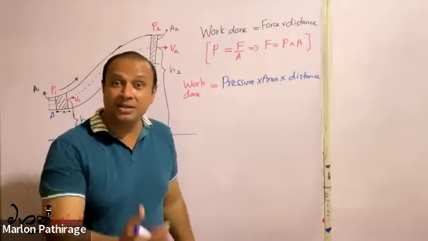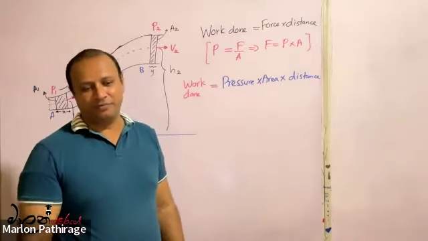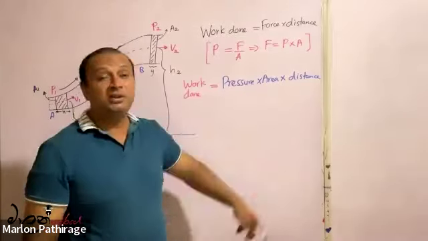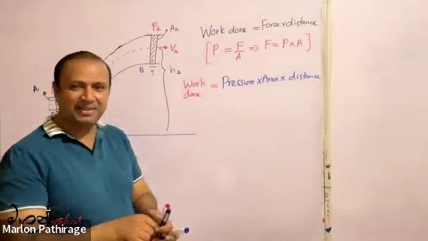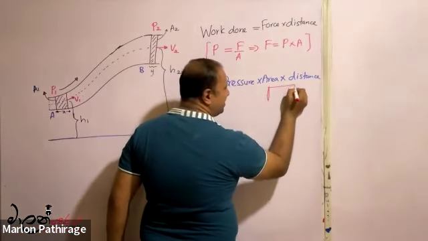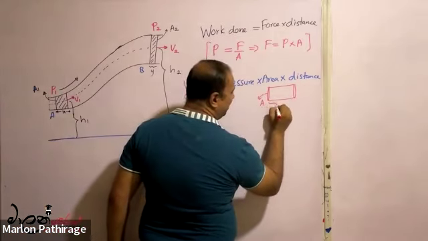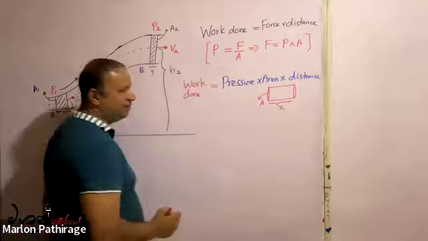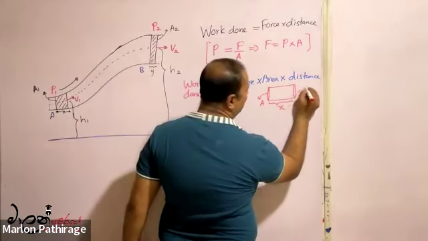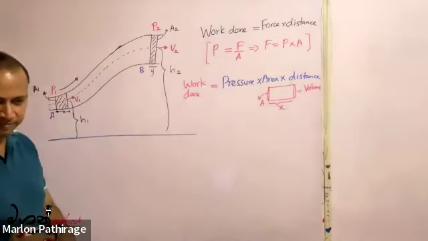Area into distance means volume. You can take any volume. Area into distance means the volume of that particle. Therefore, this one is equal to volume.